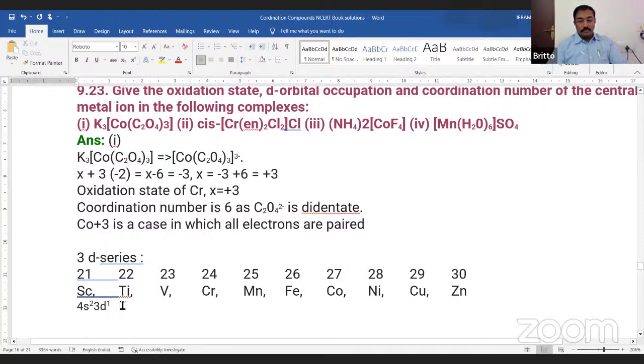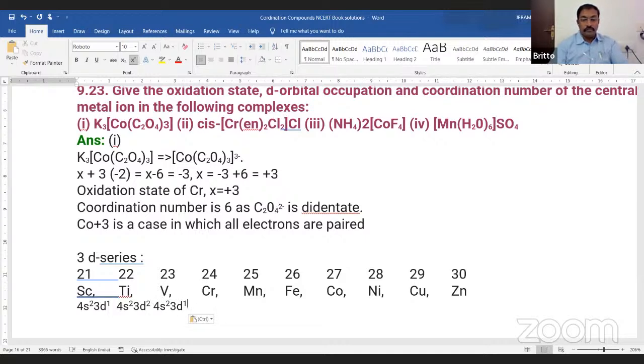Next, titanium, 22, the configuration is 4s2 3d2. Then vanadium is 4s2 3d3. And then chromium, there is going to be a change. It should be 4s2 3d4, but the 3d orbital borrows an electron from 4s and becomes 3d5 4s1, because by doing this both the s orbital and d orbital become half filled.